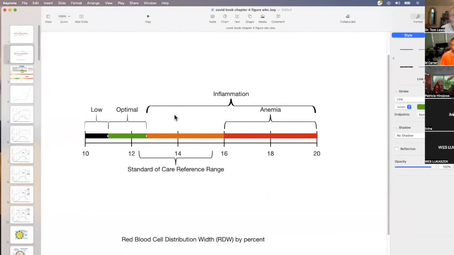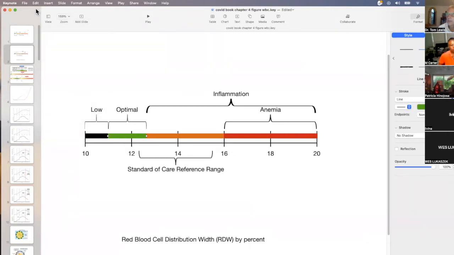The inflammatory zone is probably just here, but you can get some overlap between the two. But the point is, when iron is low, ferritin is low, iron binding is high, and iron saturation is low, that's anemia of iron deficiency. And then the RDW will also be very high. So that's just another piece of it.